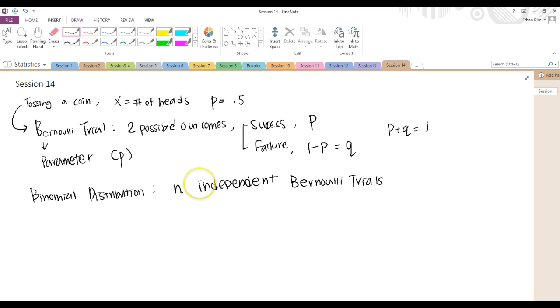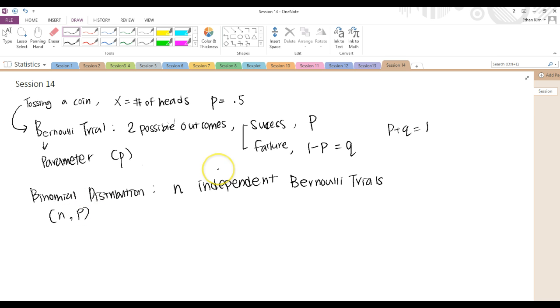Compared to the Bernoulli trial, the binomial distribution has two parameters, n and p, because we need to know how many times we're flipping the coin, and we need to know the probability of getting heads.